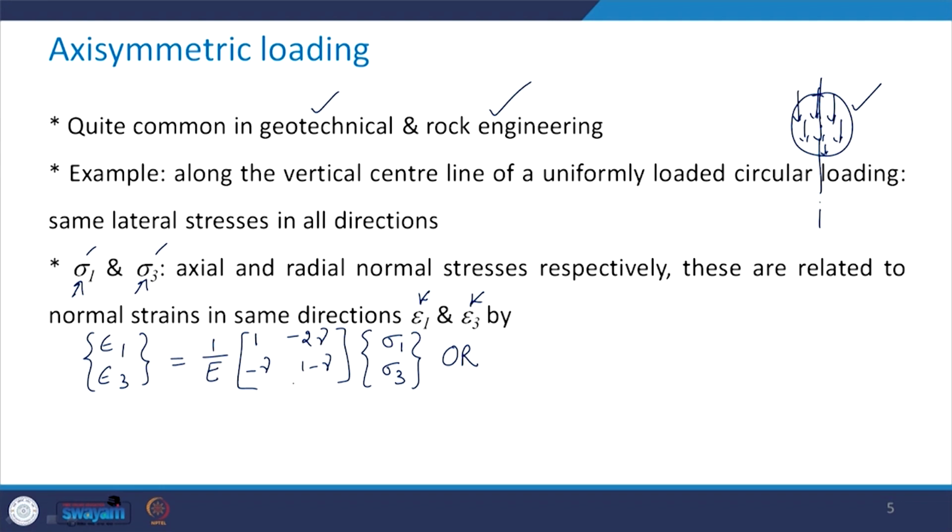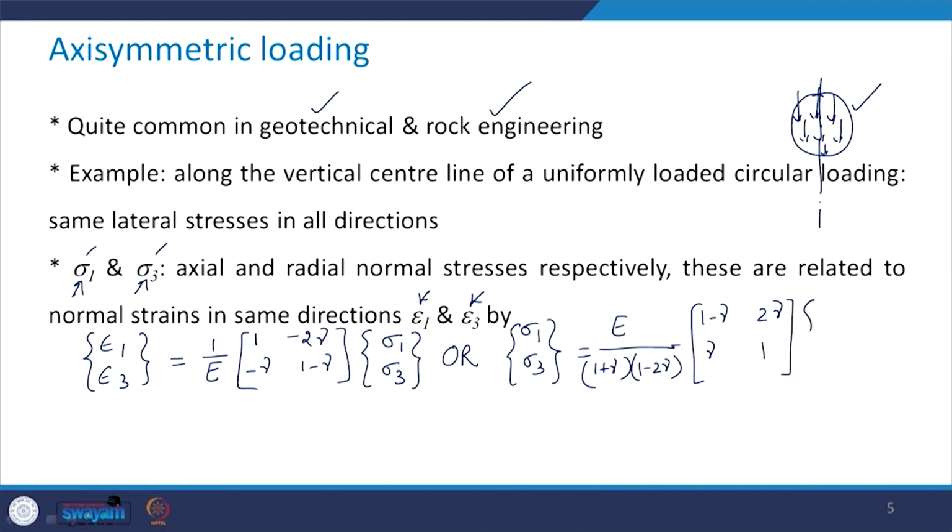Or this expression can also be written the other way round, that is sigma 1, sigma 3 equal to E upon 1 plus nu, 1 minus 2 nu, multiplied by matrix 1 minus nu, 2 nu, nu, and 1, and this should be multiplied by the strain vector, which comprises the two components, the axial and the radial normal strain.